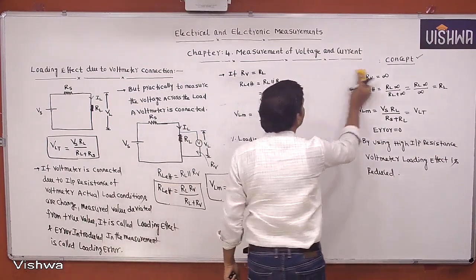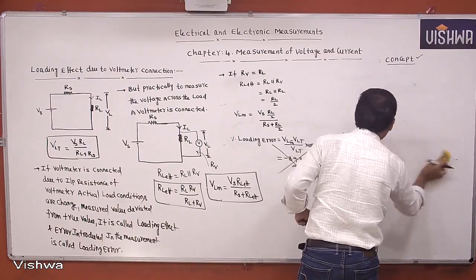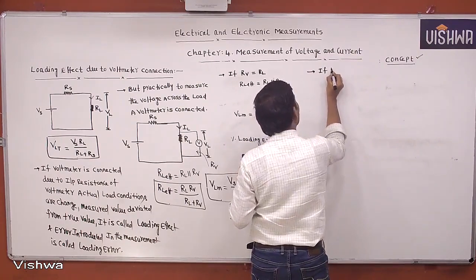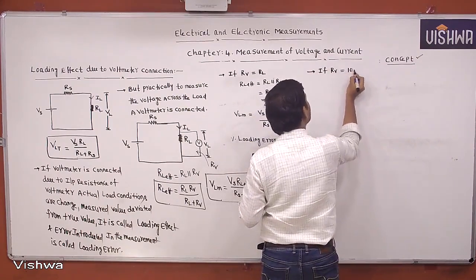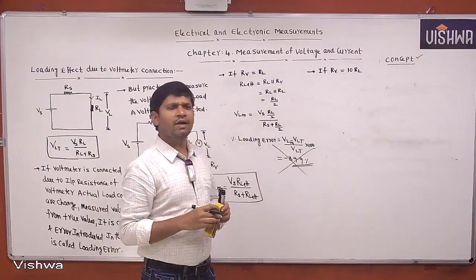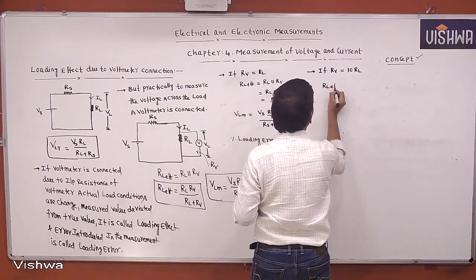For example, if RV equal to 10 RL, we are selecting the voltmeter with input resistance of 10 RL. If RV equal to 10 RL, what is RL effective?